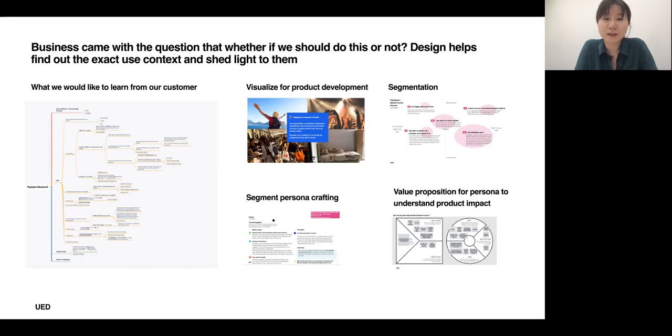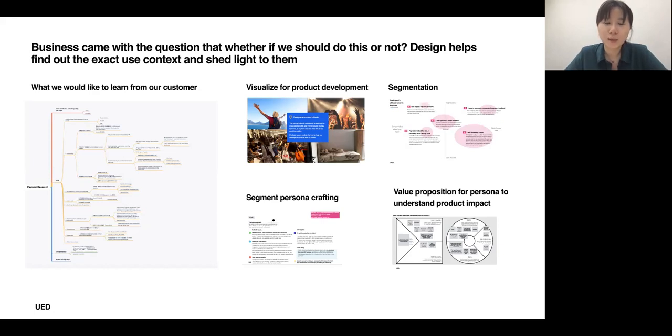It's our pay later product. So when the business came with a question of whether we wanted to bring this financial product to Indonesia and potentially more markets, how could design actually help?